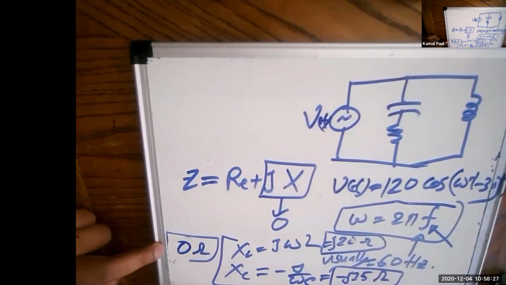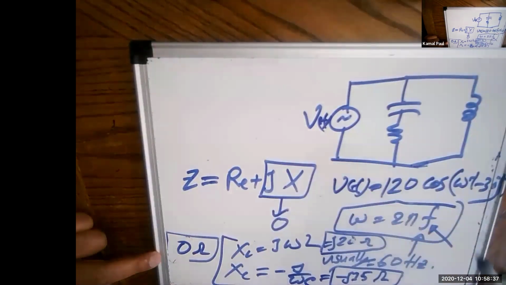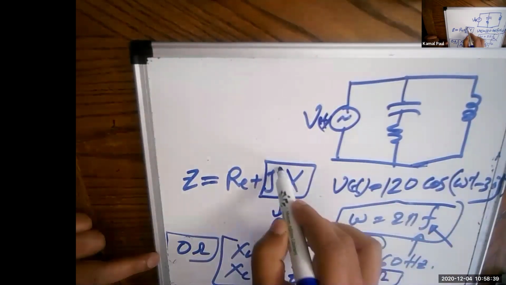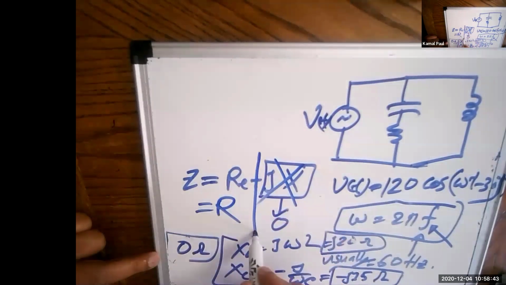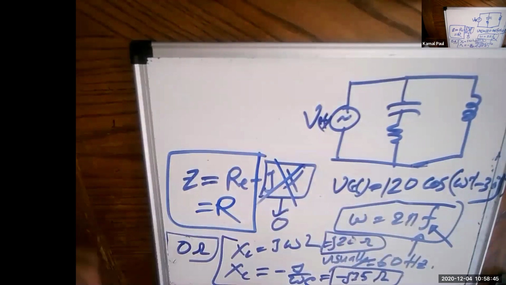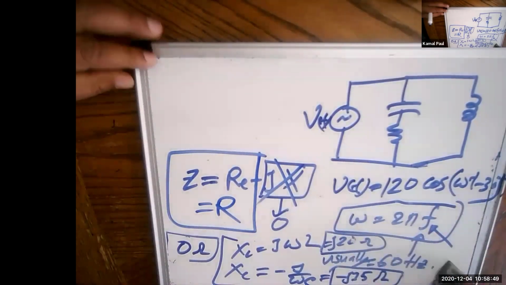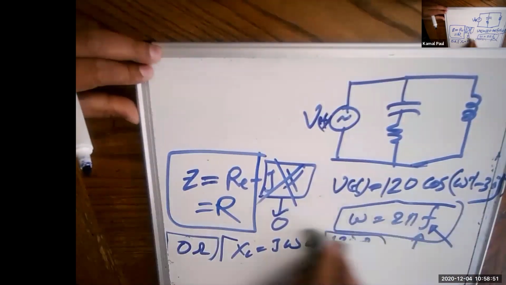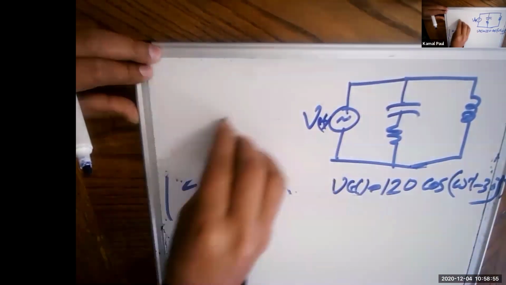That is one important question you may face in your exam: for what value of angular frequency will you see this circuit as a purely resistive circuit? Whenever there is no X, the circuit becomes purely resistive. Now you have to find for what value of omega any circuit turns into a purely resistive circuit.